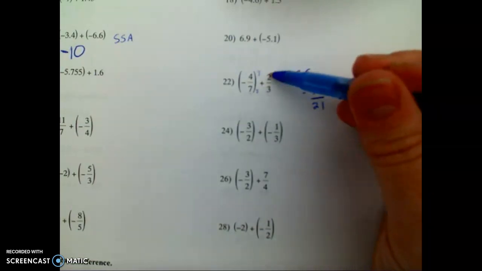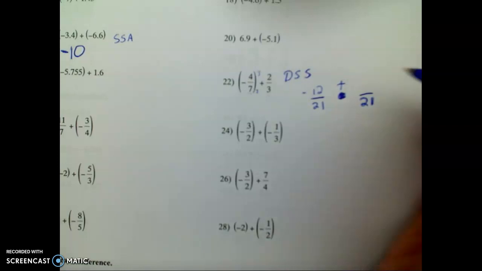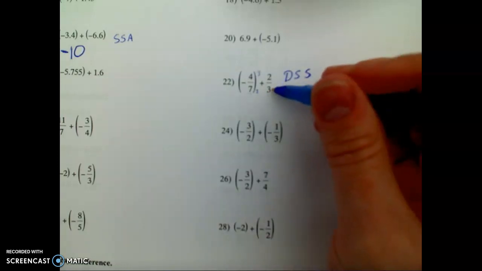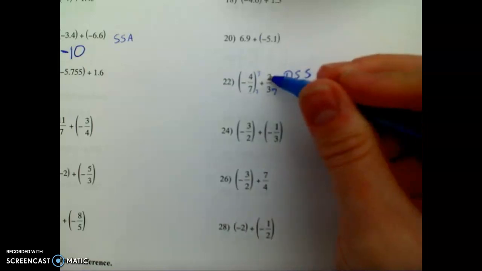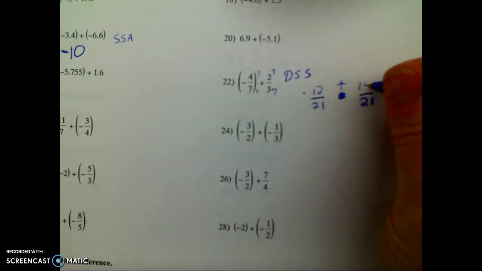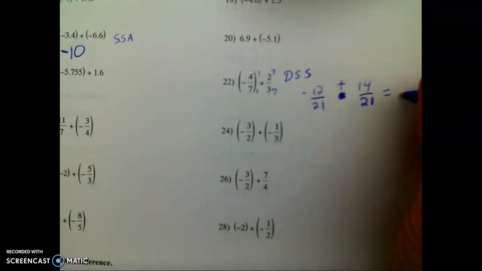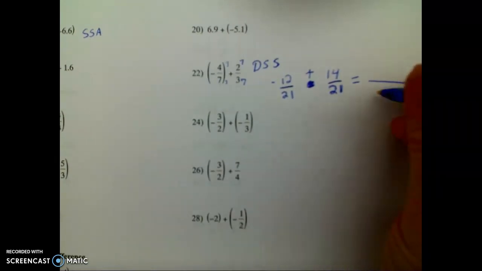Now, we're going to do the same thing to the other side. Make sure that it also has a denominator of 21. Well, we multiplied 7 by 3 to get 21. So we need to multiply 2 by 7. And that gives me 14. Okay, now we're ready for the rules, because we have the common denominators and it's going to be 21.